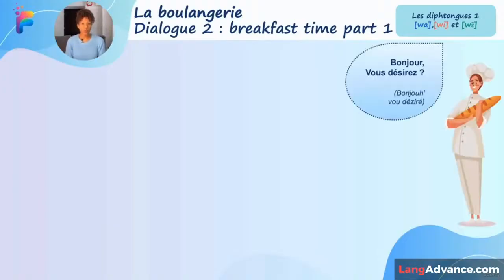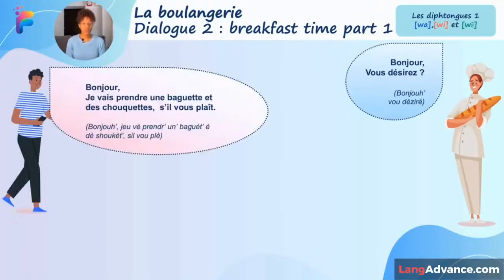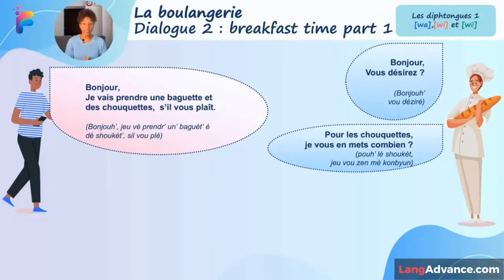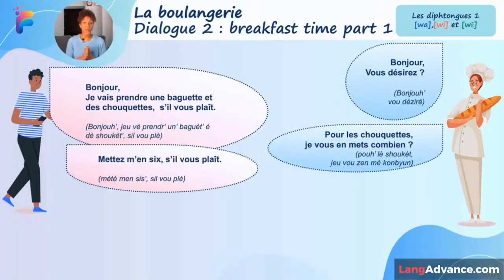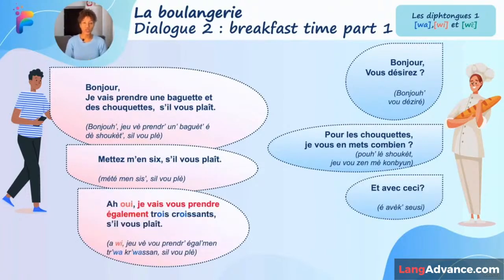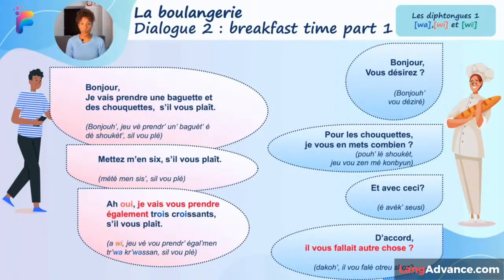Let's go. Bonjour. Vous désirez? Bonjour. Je vais prendre une baguette et des chouquettes, s'il vous plaît. Pour les chouquettes, je vous en mets combien? Mettez-moi 6, s'il vous plaît. Et avec ceci? Oui, je vais également vous prendre 3 croissants, s'il vous plaît. D'accord, il vous fallait autre chose?